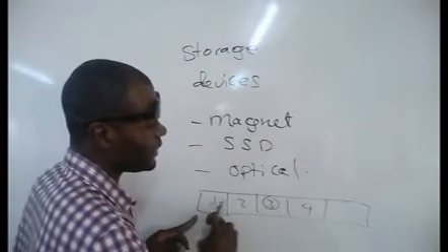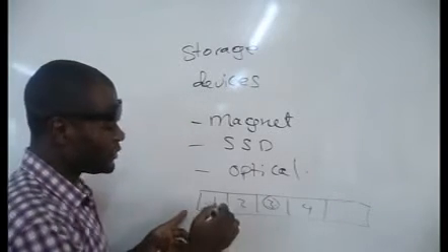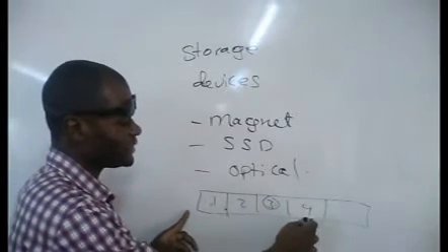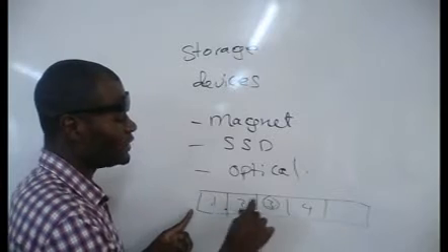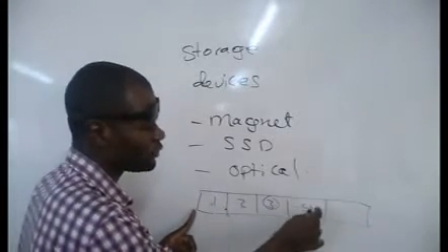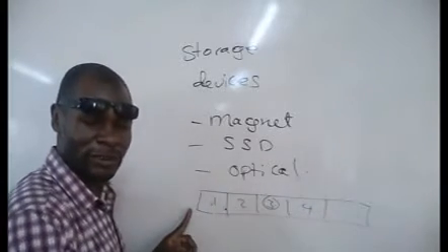These files are arranged in a sequence, one after the other. So the main problem with this is that for you to access the file you want, you have to listen to the songs you don't want to. That's when you get to the song that you want. There are options of doing fast forward.